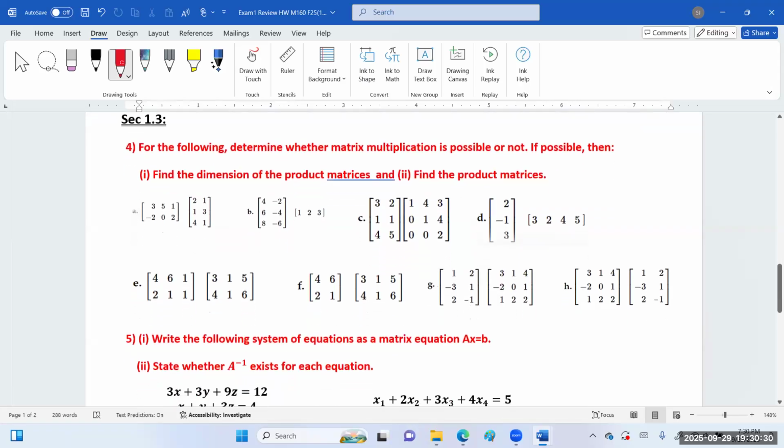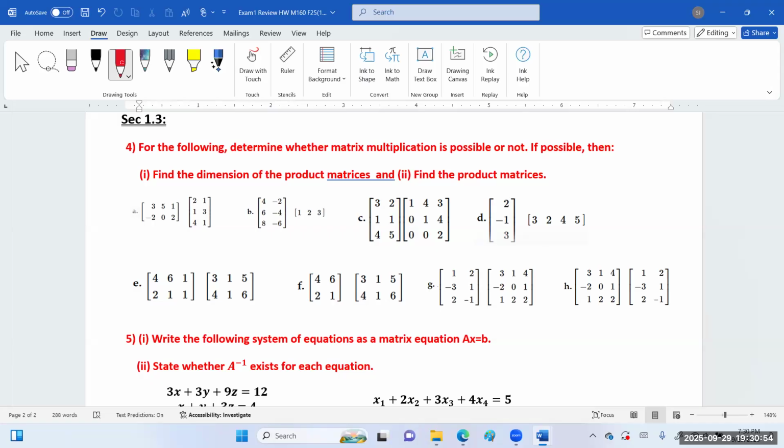The next one says, by observing their dimension, figure out which multiplication is allowed. If it's allowed, multiply them. And also, before multiplying, tell them what's the dimension of the product matrix. So, three things you're going to do here. One, figure out if it's multiplicable or not.